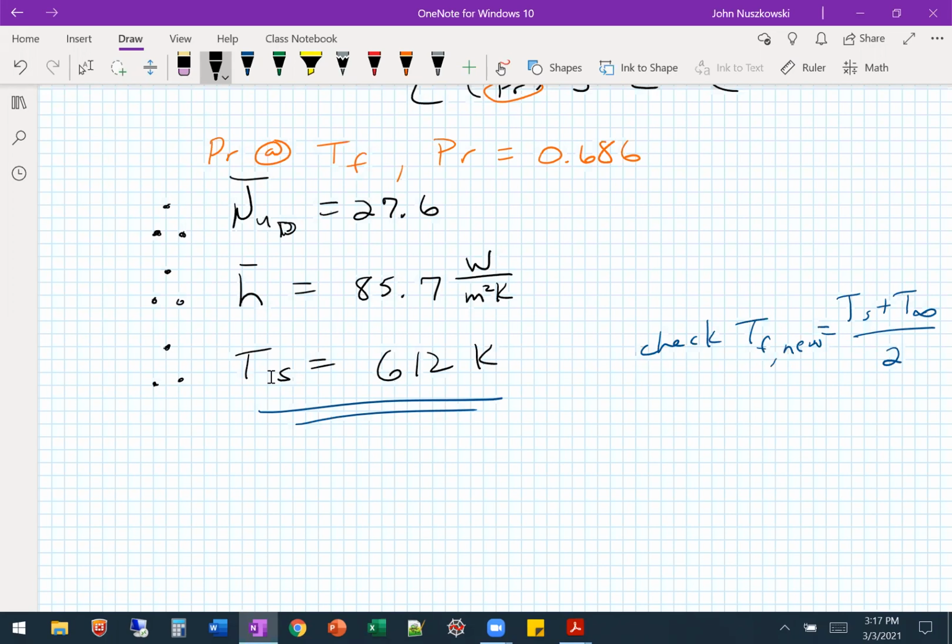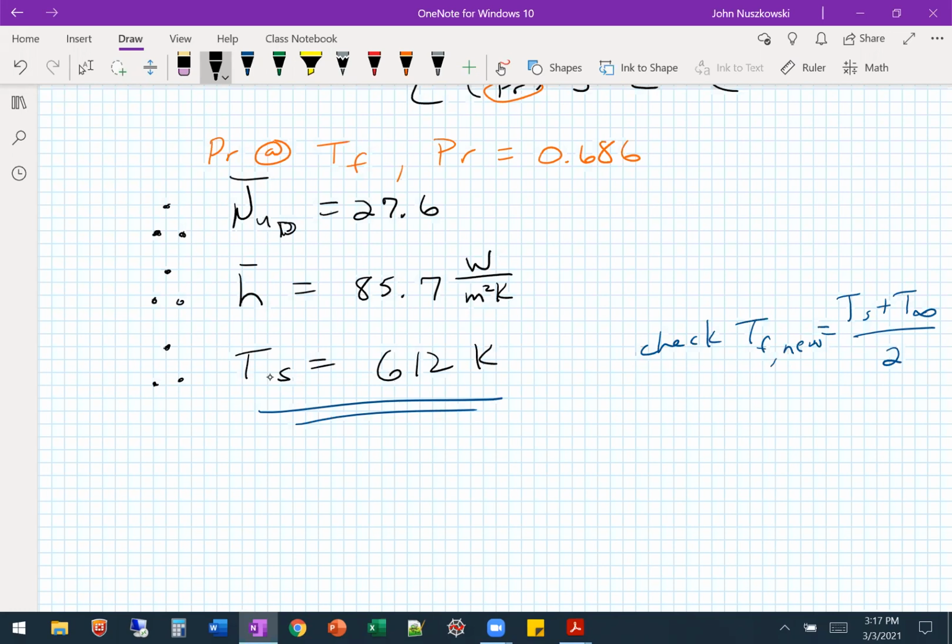You just tell me your process, like take the new T-film and iterate again, or go through grabbing new properties and calculating your surface temperature again. As long as you know the process, that's my main grading point on exams. Gotcha.